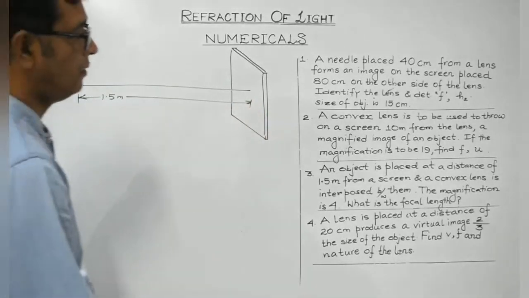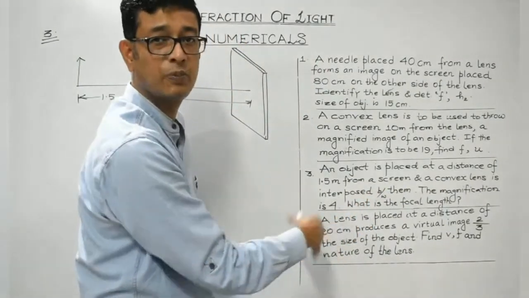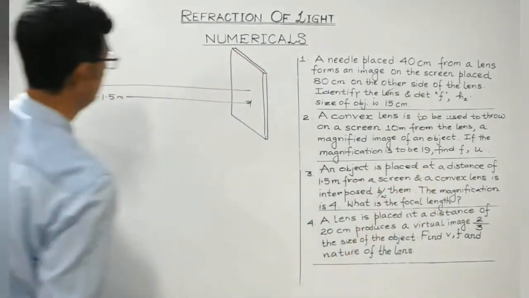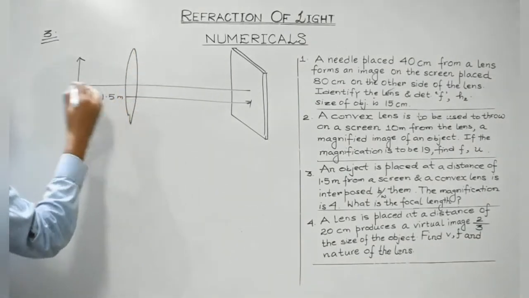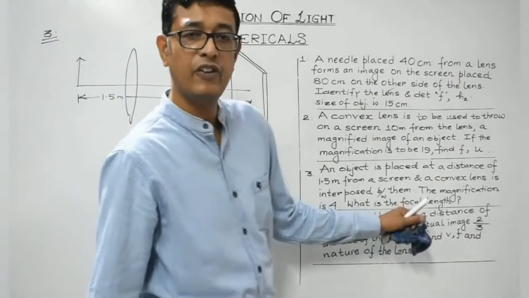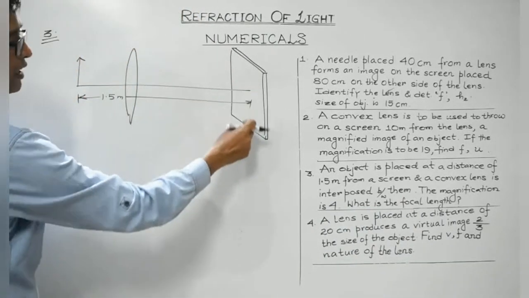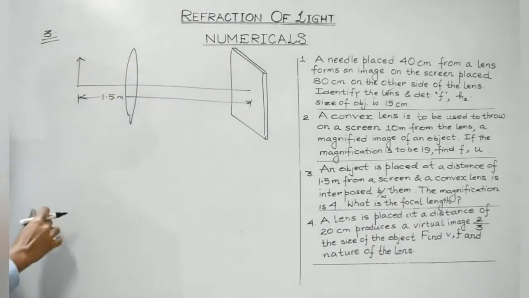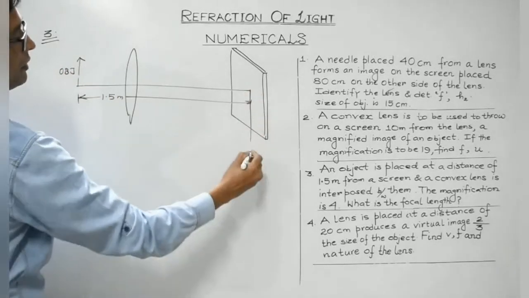Right? And a convex lens is interposed. Interposed means it is placed between them. Okay. Over here, like a convex lens is placed in this particular manner. Right? The magnification is 4, means the size of the image obtained is 4 times the size of the object. This is suppose the object and this is the image obtained.